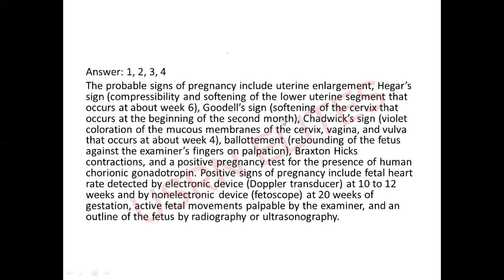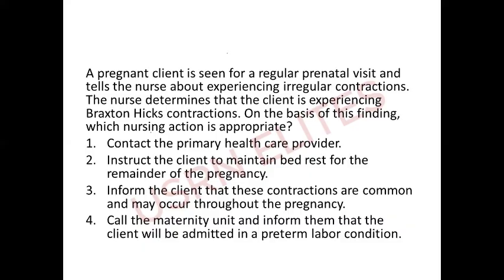All right. So the rationale is that I believe we've gone through it. So we have a pregnant client seen for a regular prenatal visit who tells the nurse about experiencing irregular contractions. The nurse determines that the client is experiencing Braxton Hicks contractions.